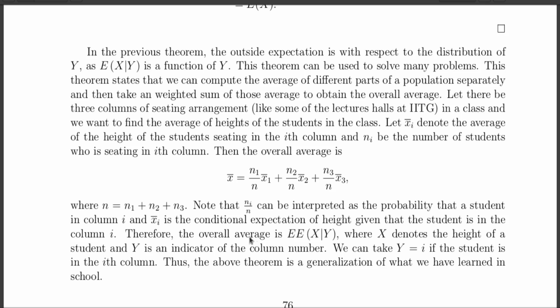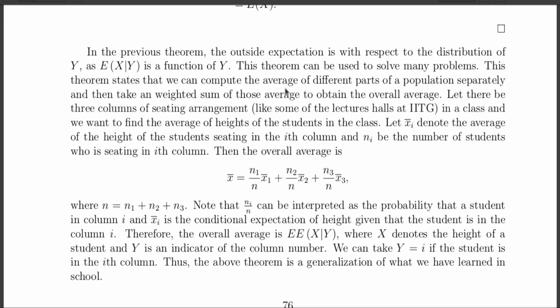Similarly, x2 bar is the conditional expectation of height given the student is in the second column, and x3 bar is the conditional expectation of height given the student is in the third column. So xi bar is the conditional expectation of the height given the student is in the ith column.